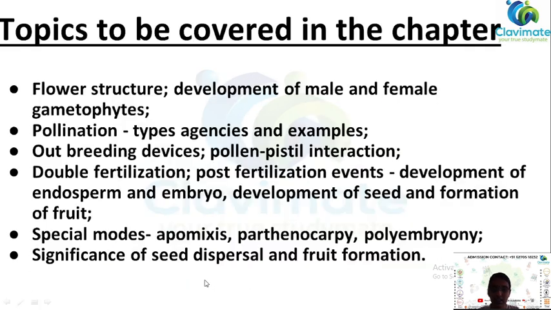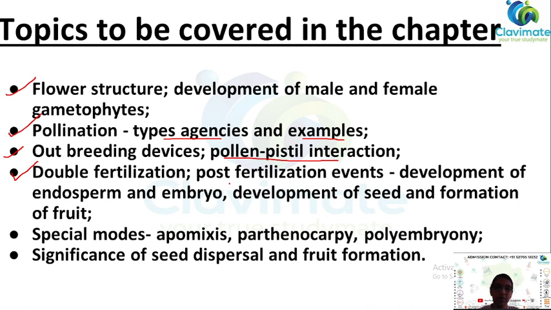The topics to be covered in this chapter are development of male and female gametophytes. We have pollination, with the types of agencies that aid in pollination and their examples. Then we have outbreeding devices, pollen pistil interaction, and double fertilization.